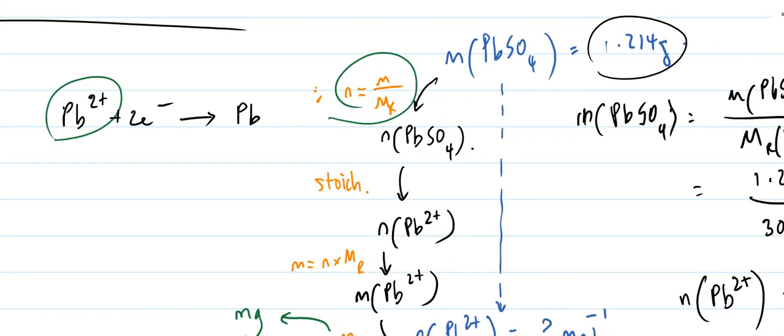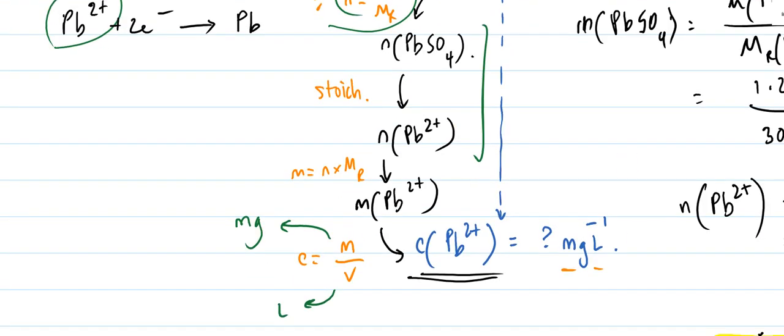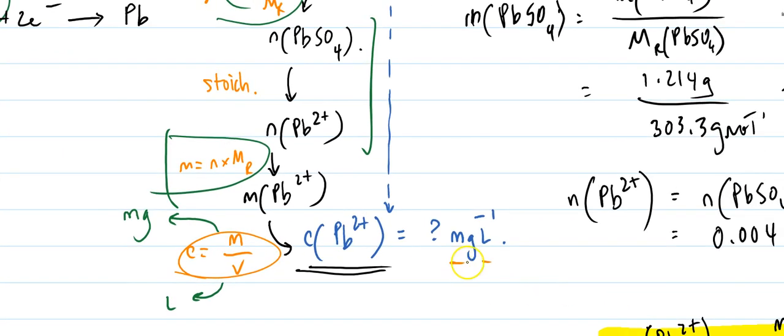And then if I wanted to work out the number of moles of a substance once I know the number of moles of another substance, I'd have to use stoichiometry, like here. And then to go from number of moles to mass, use this formula here. And then concentration, the last one. Concentration is always some amount over some volume, as you can see with the units.